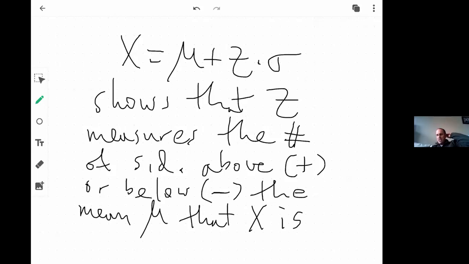If X is 2 standard deviations above the mean, Z will be 2. If X is 1.5 standard deviations above the mean, Z will be 1.5. If X is 3.7 standard deviations below the mean, Z will be negative 3.7.